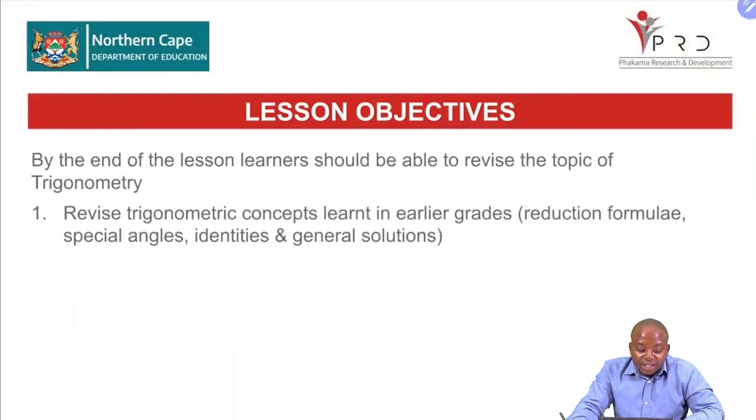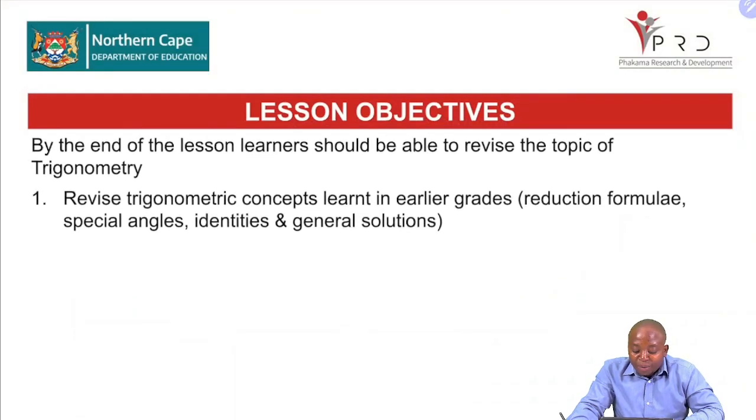Now, for this lesson, grade 12s, we must be able to revise the topic of trigonometry as it is found in paper 2. We revise the trigonometric concepts that are learned in earlier grades, which are reduction formulas, special angles, identities, and the general solutions that we've learned in grade 10 and grade 11.